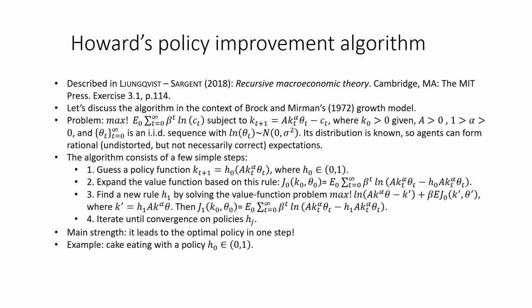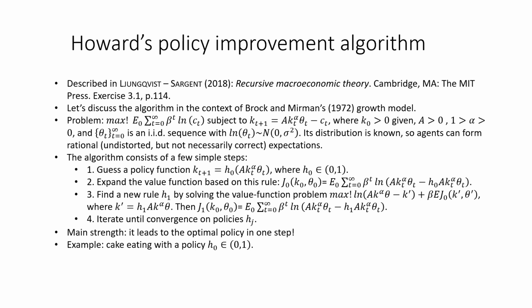Its distribution is known to agents, so they can form rational expectations. So agents are supposed to find an optimal plan or optimal path for the capital stock and consumption on the basis of the initial capital stock and their expectations regarding the stochastic process. Okay, so this is the problem.